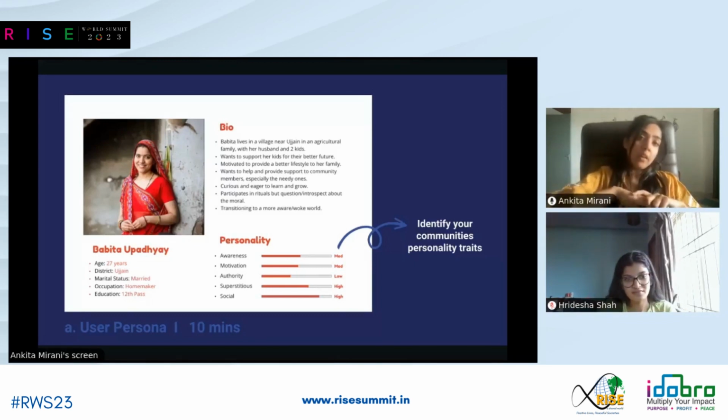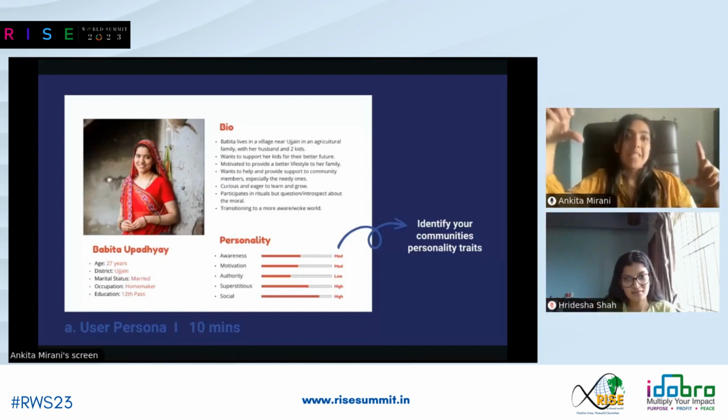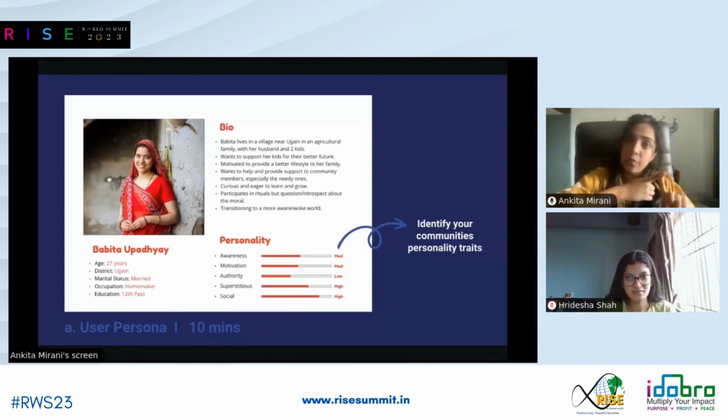Now, when we spoke of the lenses that are important, based on the context we'd set, these are the 5 key personality traits it was important for us to understand where these women lie in. First, how aware are they of healthcare services and medical information in general. Secondly, how motivated are they to do this?